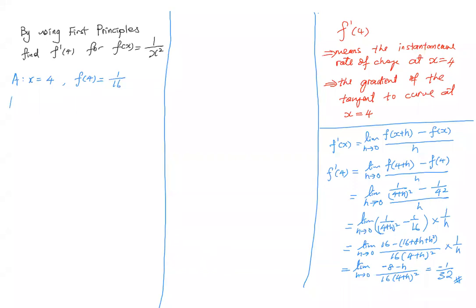So B, when x is equal to 4 plus h. So what is your f of 4 plus h? It will be 1 over 4 plus h squared.